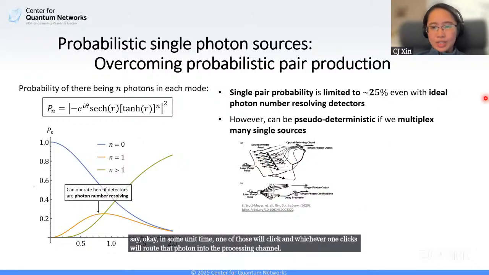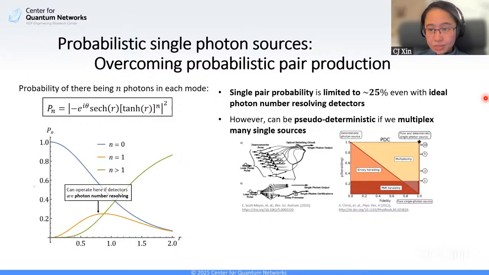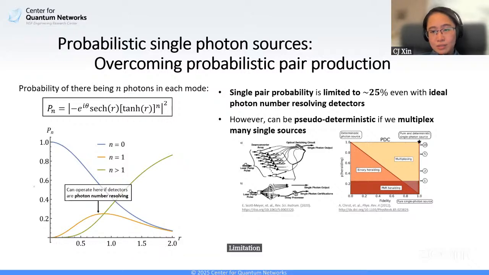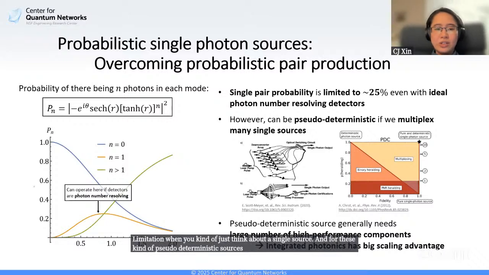In that way, you can hack the process a little bit, and you can break this 25% probability limitation when you just think about a single source. For these pseudo-deterministic sources, what you'll need is a large number of high performance components, including links, photon storage, either in a resonator or in a delay line.